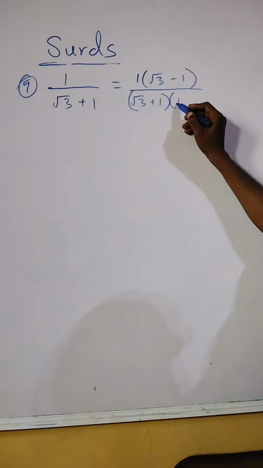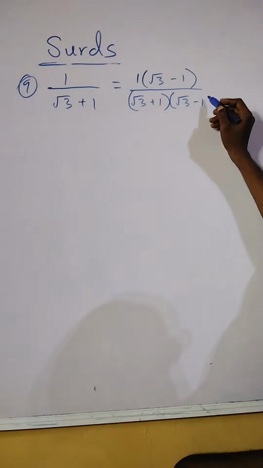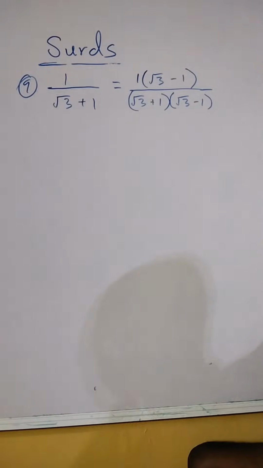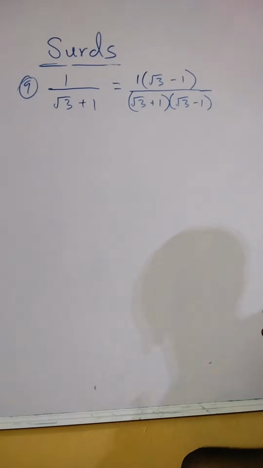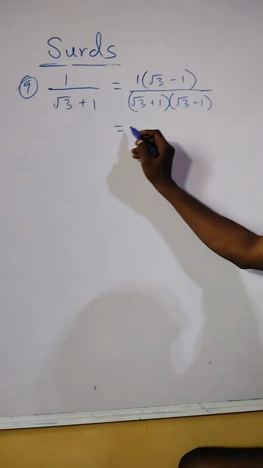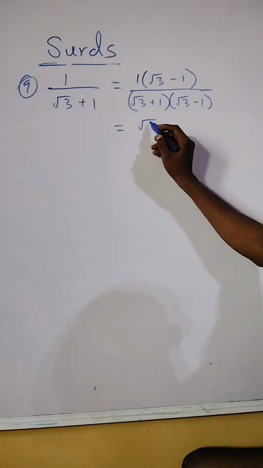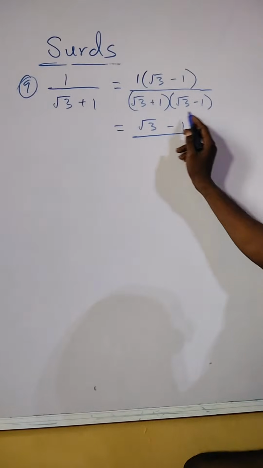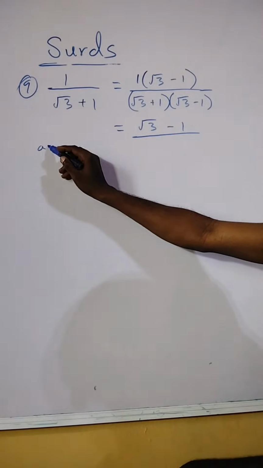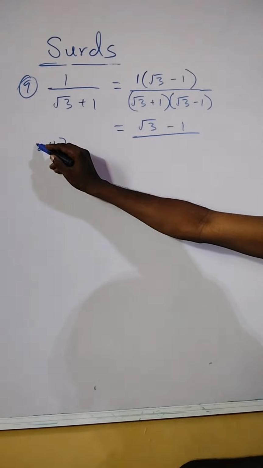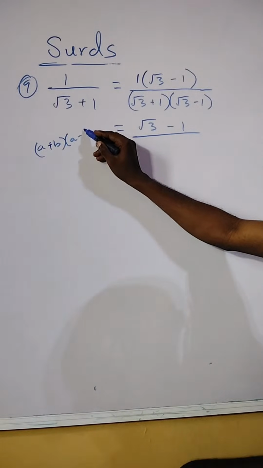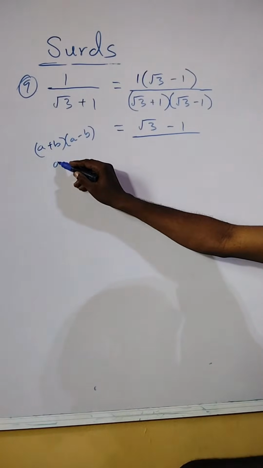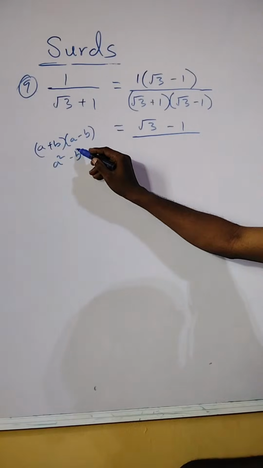times also root 3 minus 1. Then from here, we simplify this. When we multiply the numerator, we still have the same thing, root 3 minus 1, then divided by, these are also conjugates. When we have (a plus b)(a minus b), it is expressed as a square minus b square.